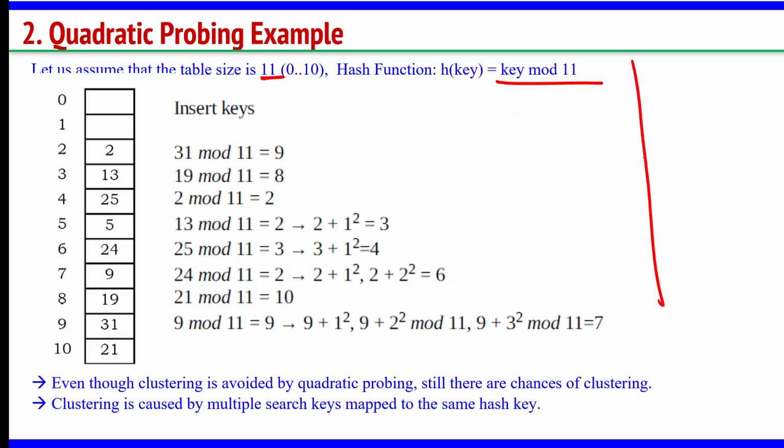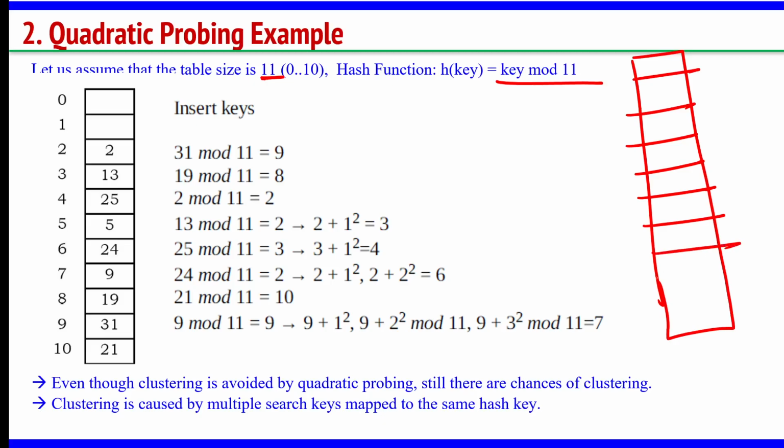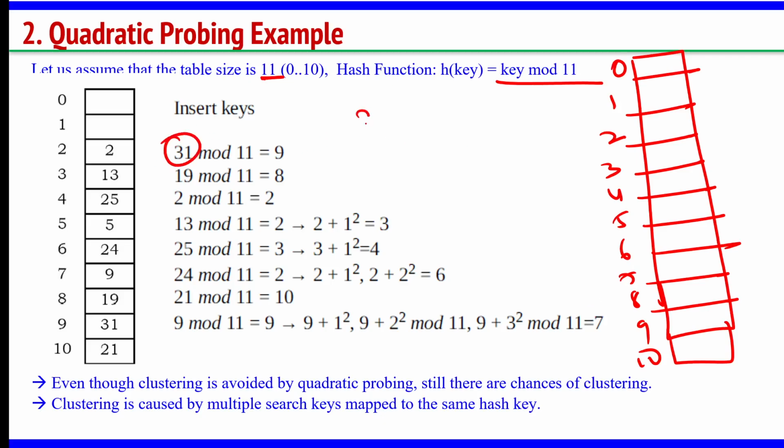So, let me take that empty one, I am taking a hash table of size 11. 0, 1, 2, 3, 4, 5, 6, 7, 8, 9, 10. Right. Now, I want to insert 31 for example. So, 31 modulo 11. What is the value? 11 twos are 22, the remainder is 9.